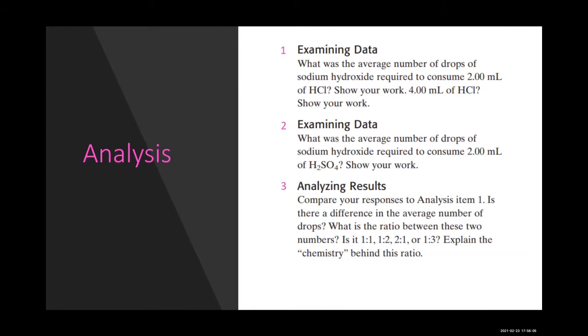So now we need to analyze our results. We want to see if we can compare our responses in analysis part 1, where we determined our average number of drops required for 2 milliliters and 4 milliliters of hydrochloric acid, and see what we can find for a ratio.